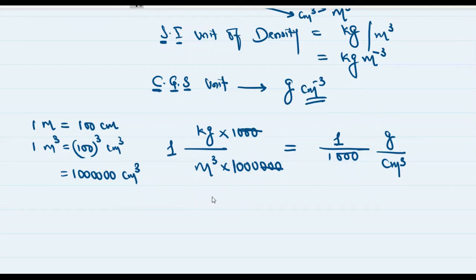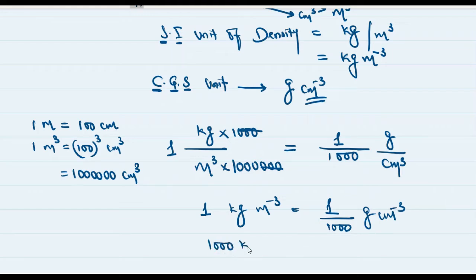So we have a relationship. What is the relationship? 1 kg per meter cube is equal to 1 upon 1000 gram per centimeter cube, or 1000 kg per meter cube is equal to 1 gram per centimeter cube.